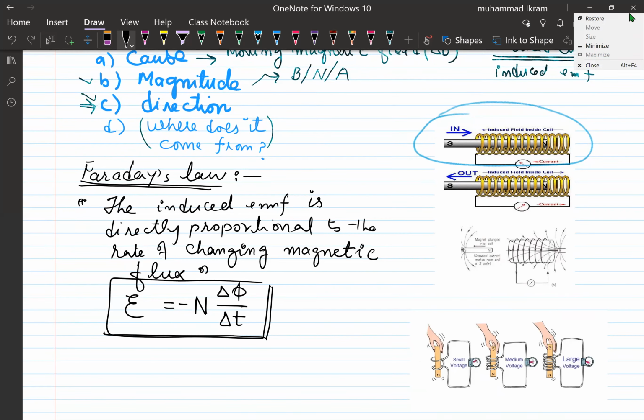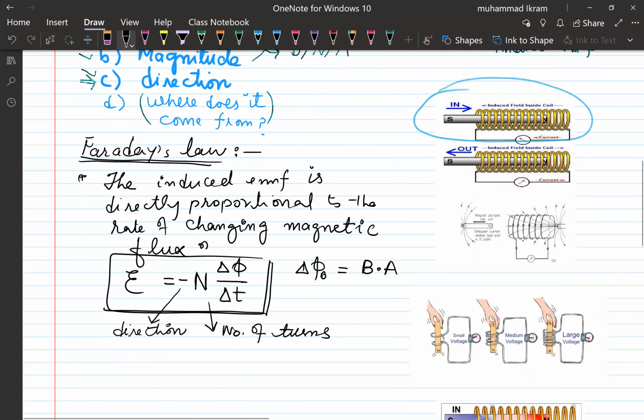You see here, the negative sign indicates the direction or the polarity of the induced EMF, and N is the number of turns in the coil, as I already told you, where phi is the magnetic flux, which is equal to B dot A. And here I will discuss this with you.